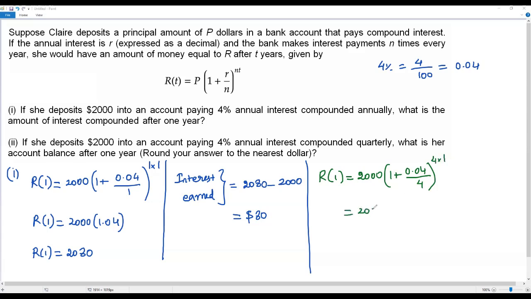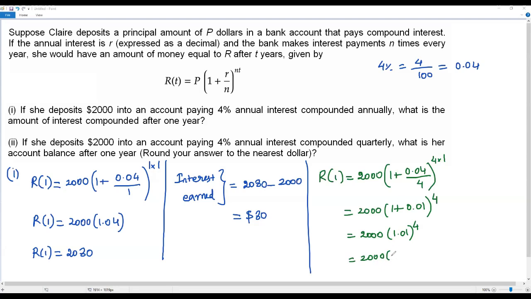Okay, now 2000 times 1 plus, now I have to divide 0.04 by 4. When I do this division, I get 0.01, to the 4th power. So this is equal to 2000 times 1.01 raised to the 4th power. Okay, now let me evaluate this expression. First let's evaluate 1.01 raised to the 4th power using a calculator.